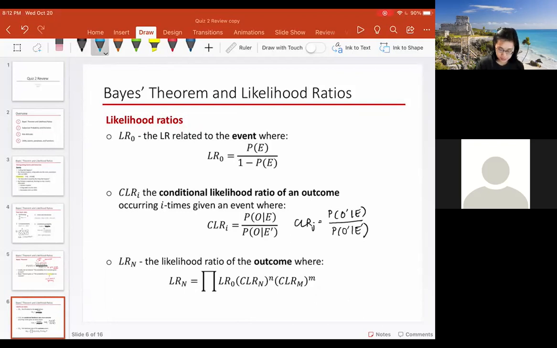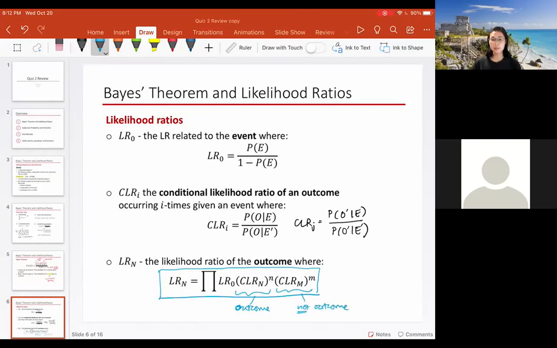I know that Dr. Reed talked about this formula in the videos. This is just a more general form. This is the CLR of the outcome, and this is the CLR of not the outcome.